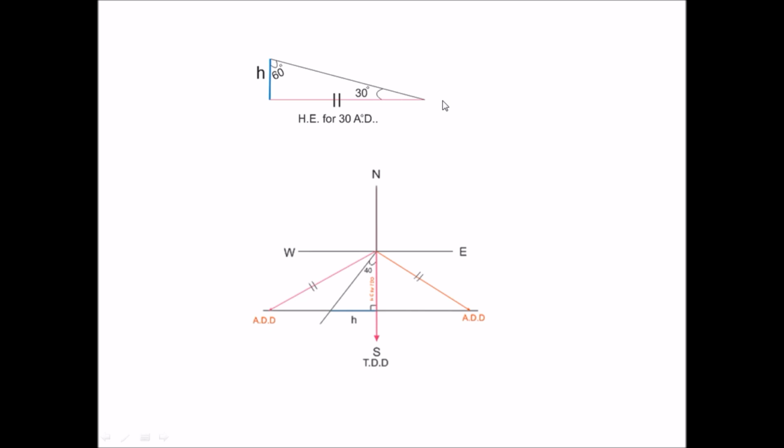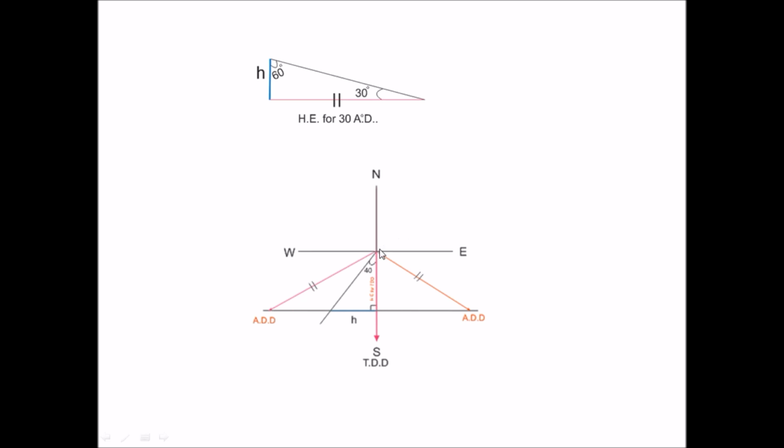Now we measure this HE using a compass, and from origin mark two arcs on this strike line. So on this side the mark would be here, and here this is the point of intersection, and by doing this we have drawn it.